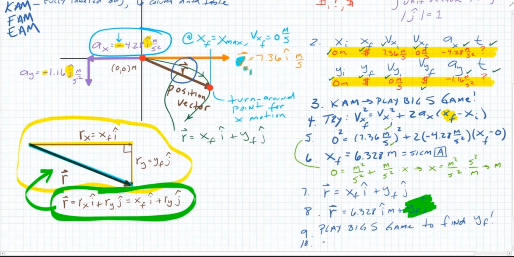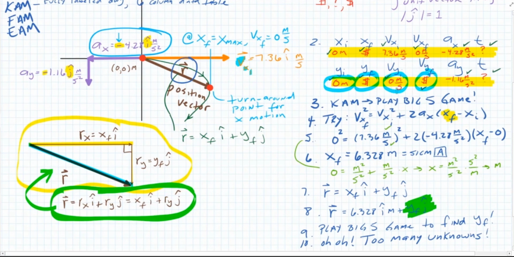So I'm going to write down number 10. Too many unknowns. Why am I saying too many unknowns? Because look at this. This says 0. This says 0. I don't know this, and I don't know this. So of these 6 values, of these 6 columns, I only know one.